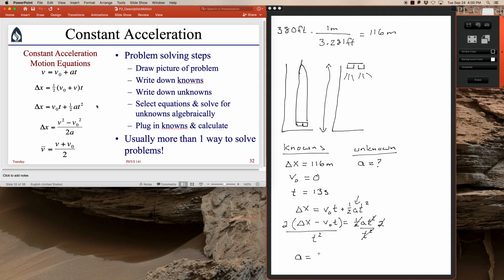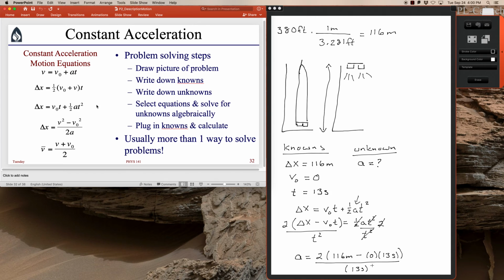I have a 2, my change in position is 116 meters, minus my initial velocity was 0, so that's 0 times 13 seconds. So 0 times 13, of course, is just going to be 0, and then I divide all of that by t squared, or my 13 seconds squared.